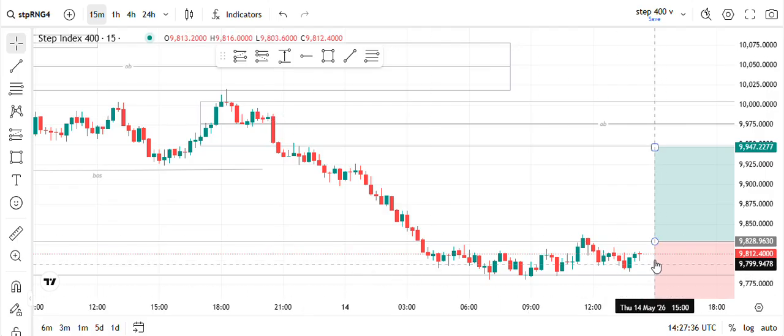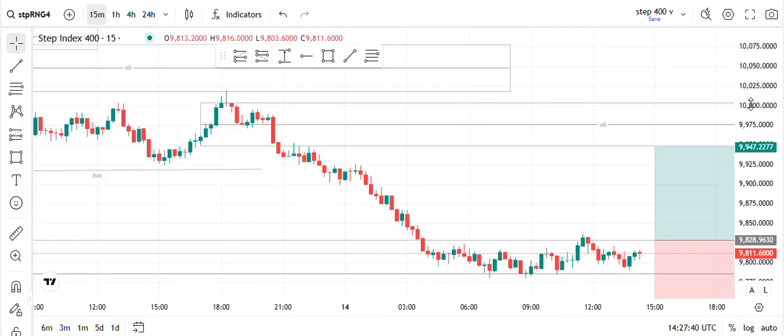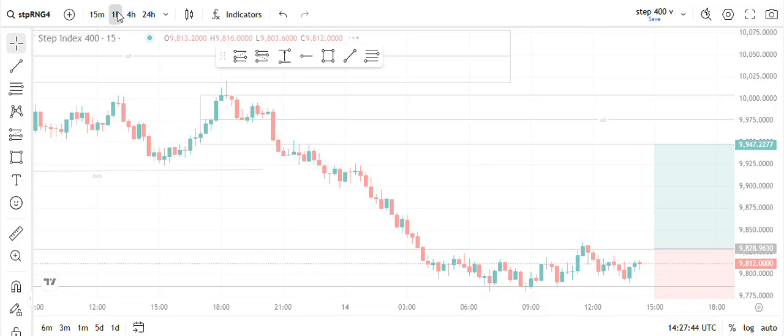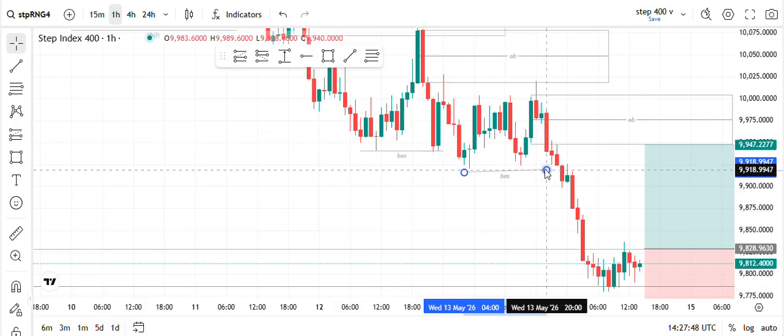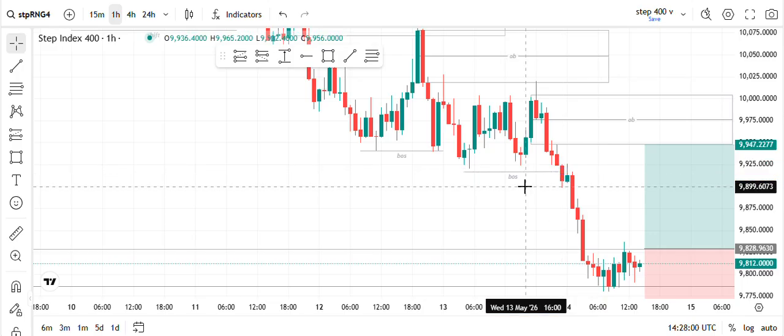If the buy goes up to that, it's going to get up to this level. So what other thing are we going to do? I'll straighten this.